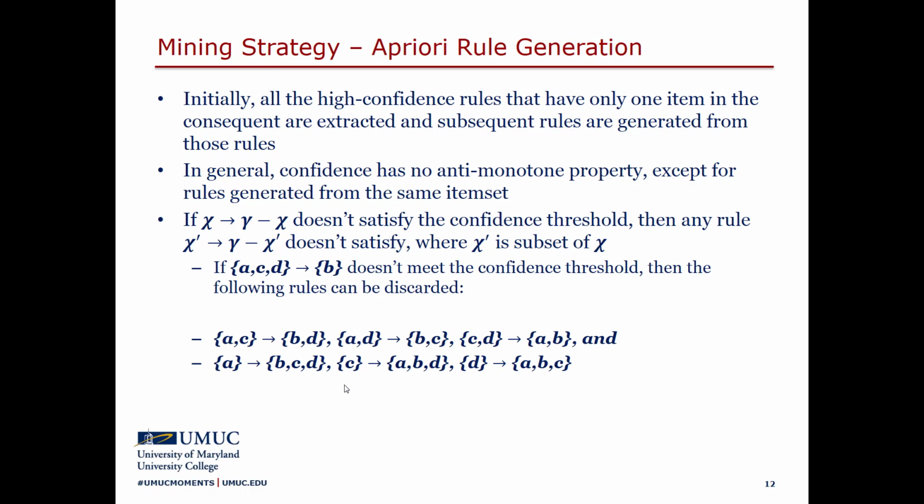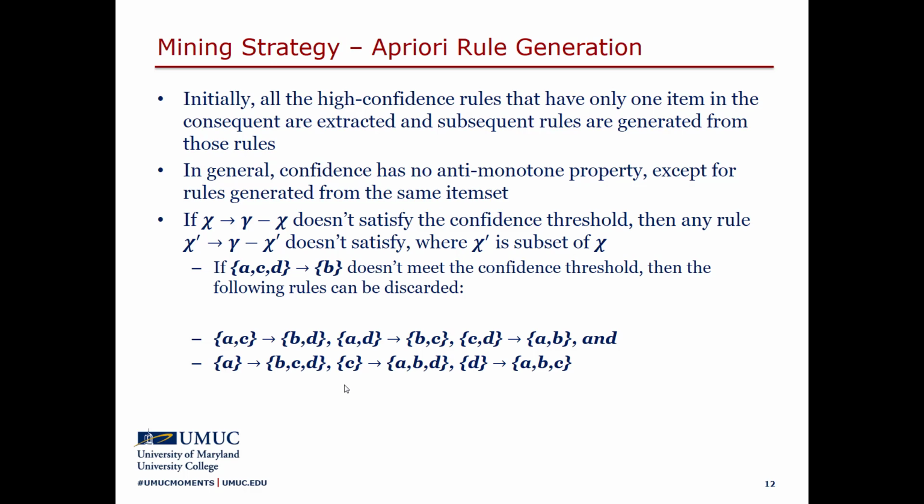The strategy applied here for extracting the rules is that first you identify all the rules that have only one element in the consequent part, and then subsequent rules are extracted from those rules.